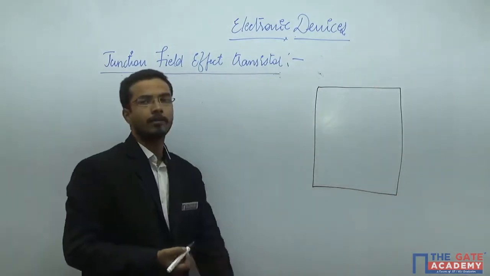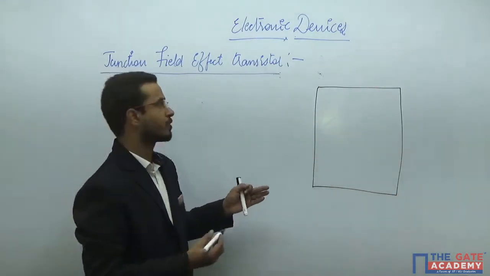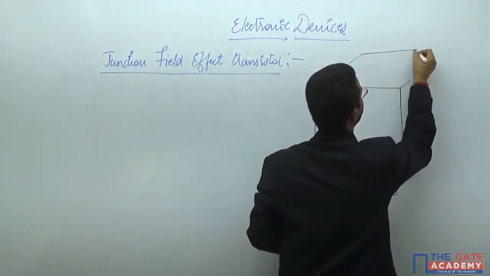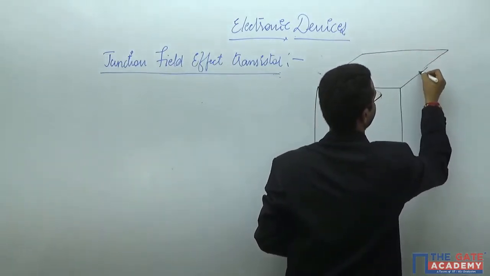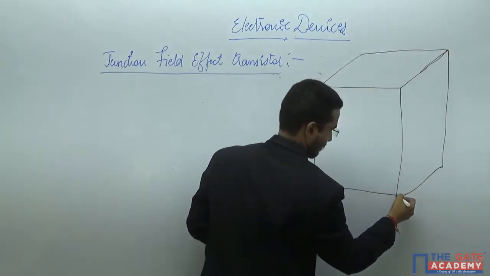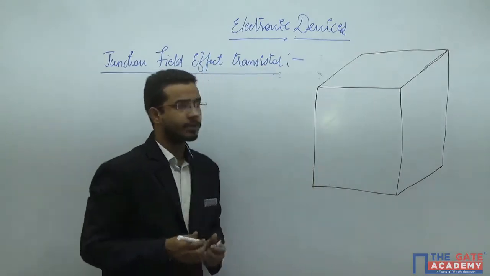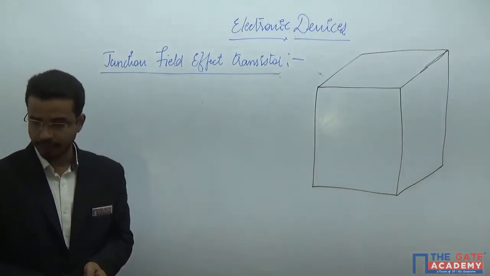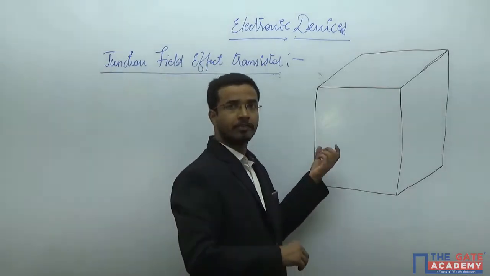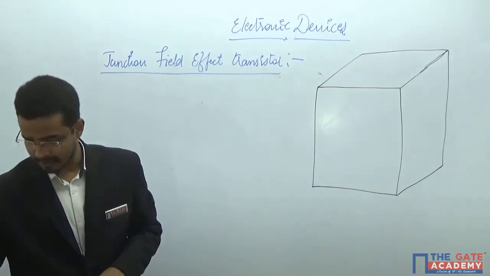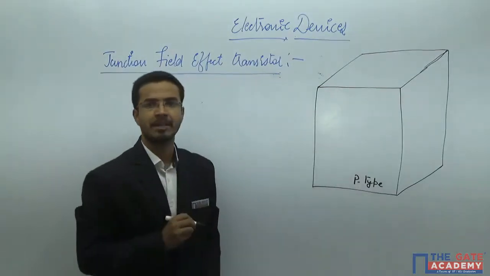If it is a rectangular block, which is basically a cuboid, because firstly we will discuss it in 3D. So this is basically the architecture, and what will you do after this? You will dope with some type of impurity. I am saying that this is a P-type substrate.